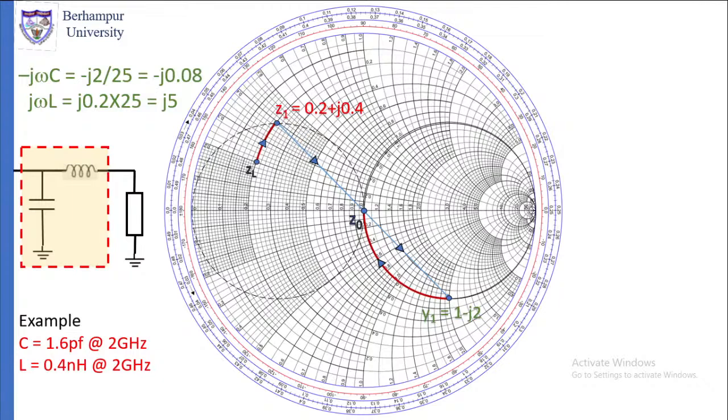Now characteristic impedance is dependent on the shape and size of the transmission line that you are using. Now shape and size are fixed. There will be standard shape, standard size. So we cannot have arbitrary shape, arbitrary size.